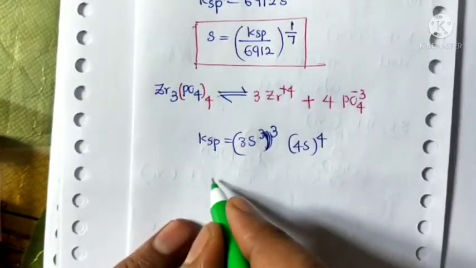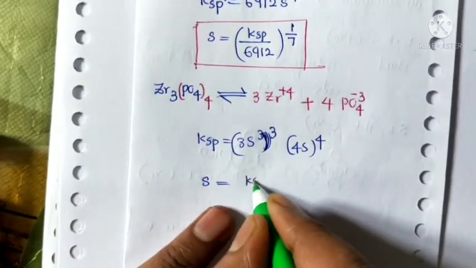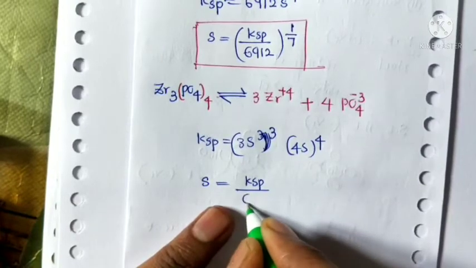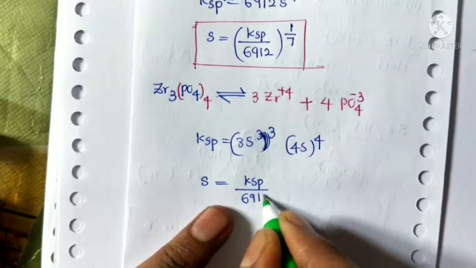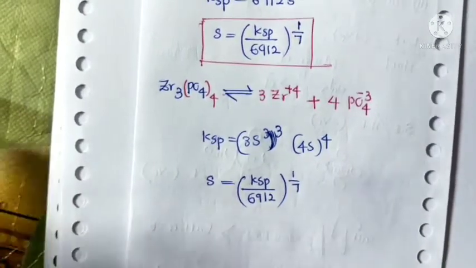So KSP divided by 6912 whole power 1 by 7.